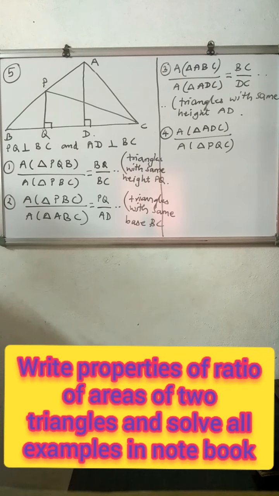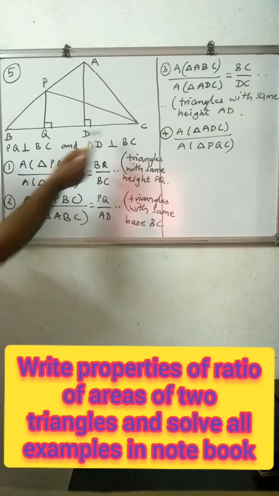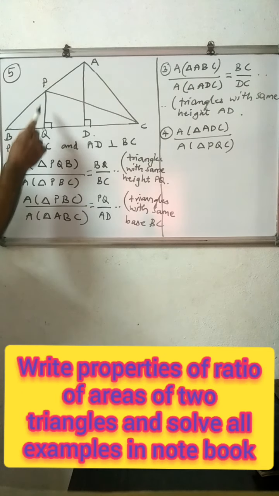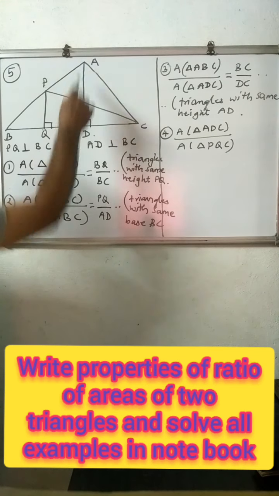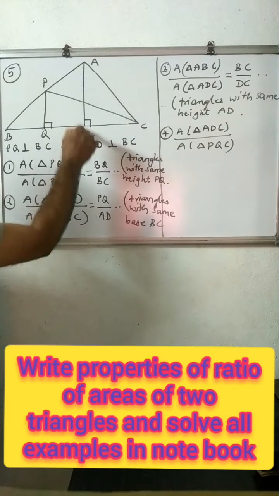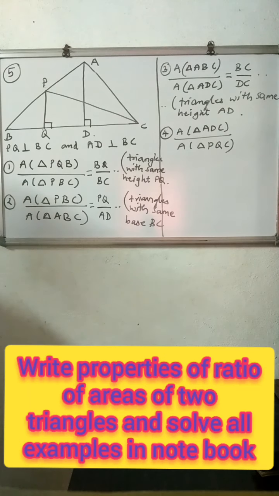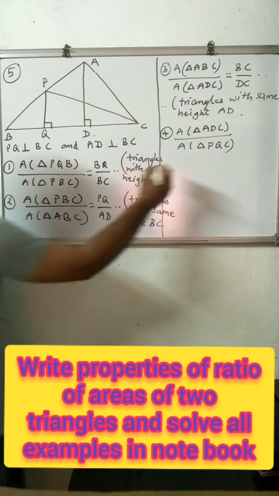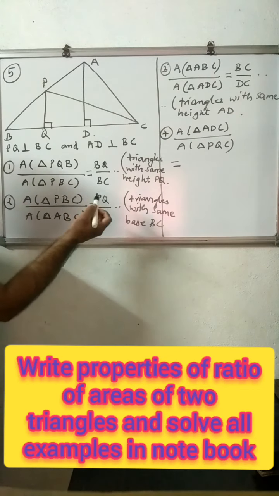Now last, the fourth one, find area triangle ADC upon area triangle PQC. Now for the triangles ADC, base is DC, height is AD, and PQC, base is QC, height is PQ. So triangles with different base and different height. So ratio of area of two triangles with different base and different height is equal to ratio of the product of their corresponding base and height.